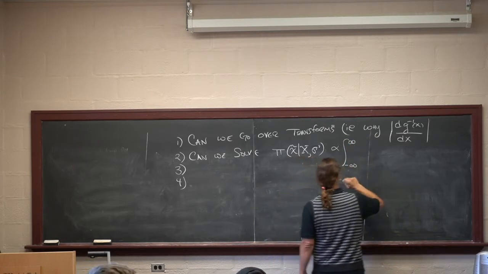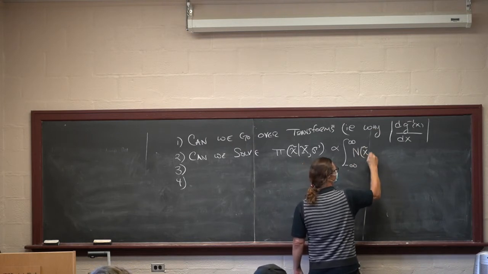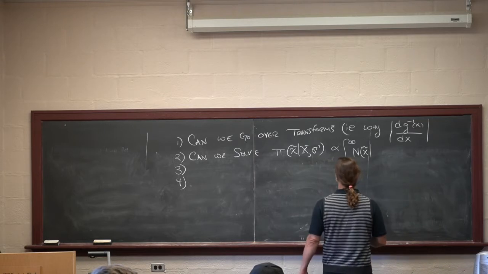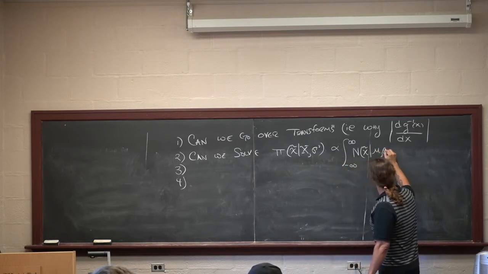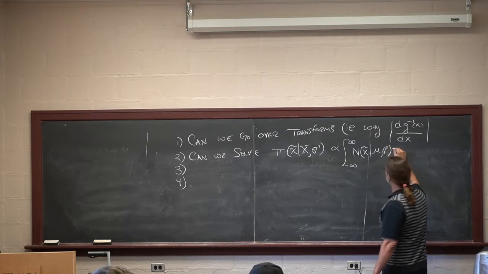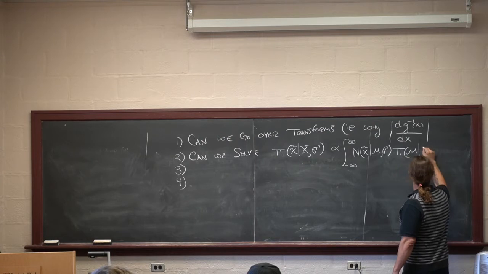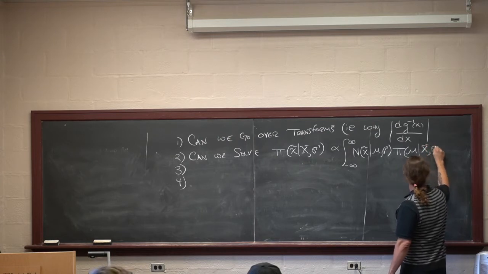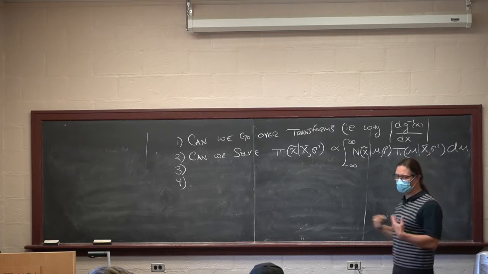This one's going to be a normal on x tilde, with parameters mu and sigma squared. And this is going to be the posterior distribution on mu given x and sigma squared. So this is problem 4.